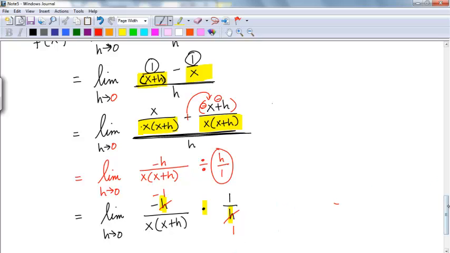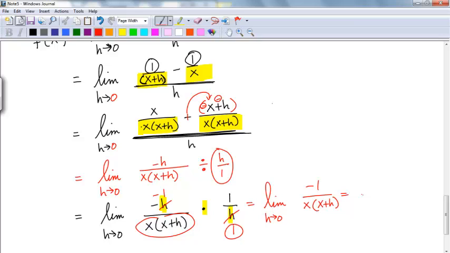So I still have the limit notation: the limit as h goes to 0. I would have a negative 1 on top. And the denominator is still this times 1. So I still have x times x plus h.